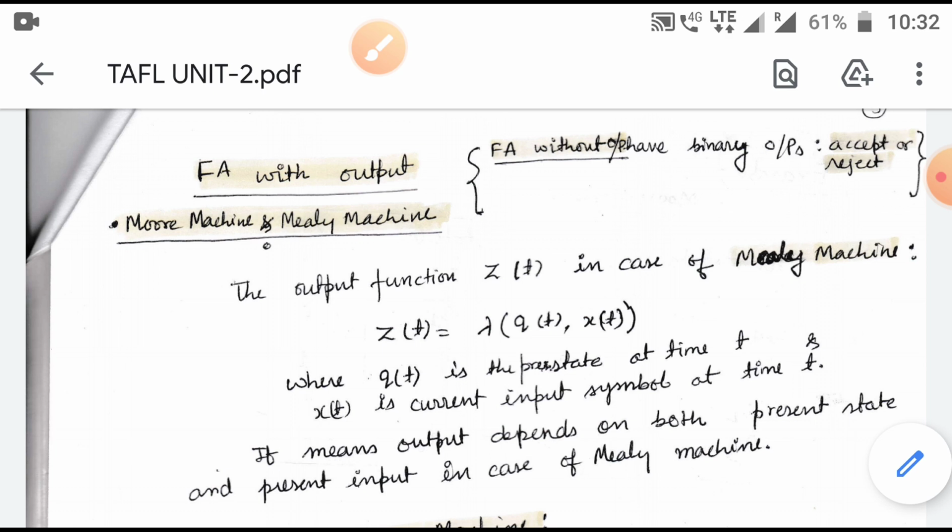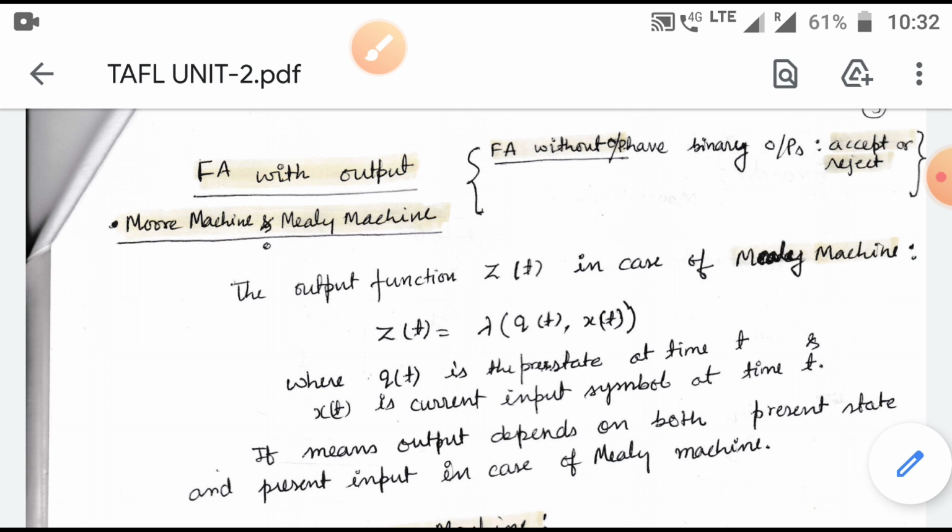As you know, a final state is also known as an accepting state or recognizing state, but if it is not a recognizer or acceptor machine, we don't need such a tuple. So one will be reduced, but this is purely an output machine which gives output corresponding to a particular input.